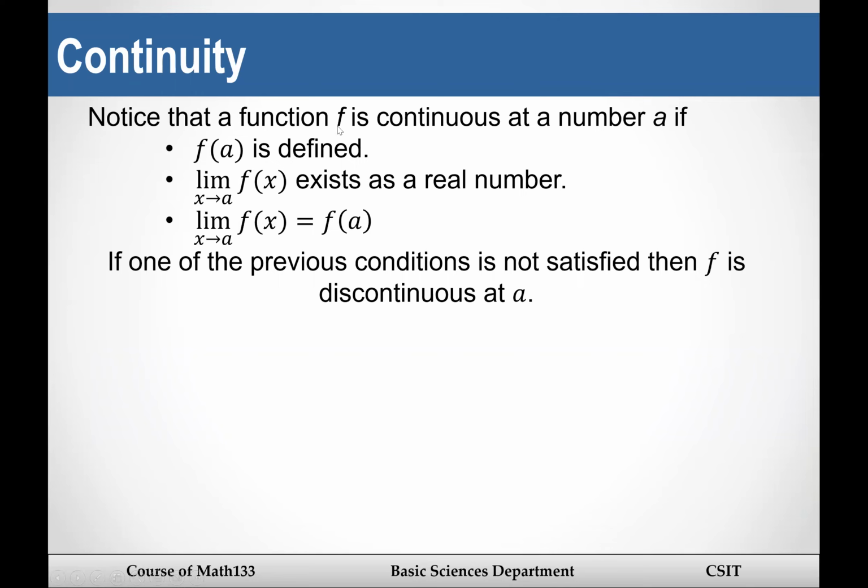First, f of a must be defined. Second, the limit of f of x exists. Third, the limit is equal to f of a. So these three conditions ensure the continuity of f at the point A. If one of them is not satisfied, then we say that the function is discontinuous at the point A.